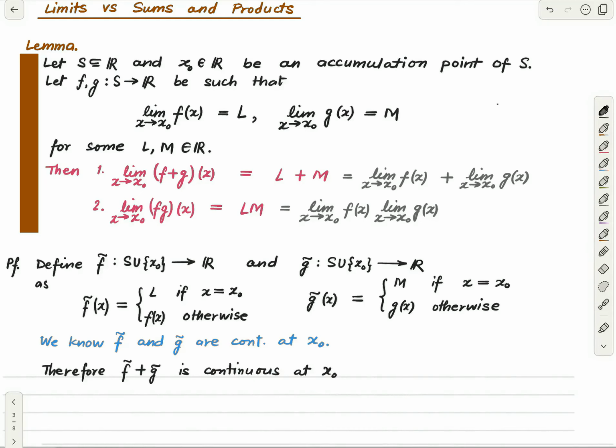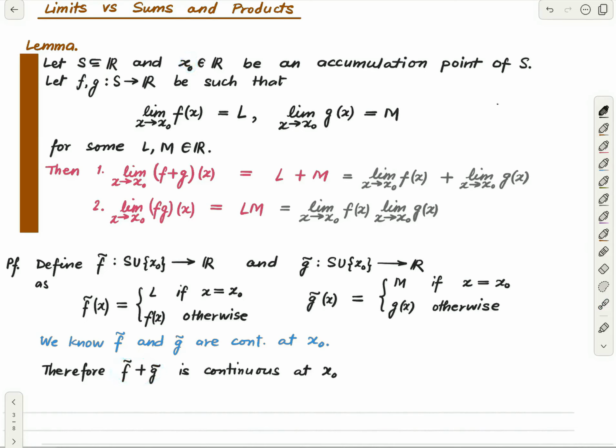And just note that f tilde plus g tilde is, so to say, the tilde of f plus g. We haven't defined what that means, but this is just a suggestive statement. So from here it follows, since f tilde plus g tilde is continuous at an accumulation point of the domain of f plus g, the limit of f plus g as x approaches x0 is the value that this takes at the point x0.